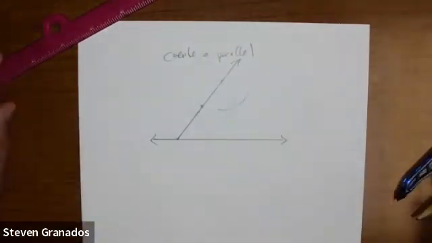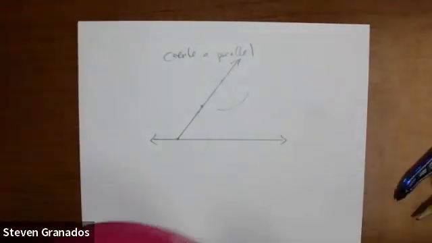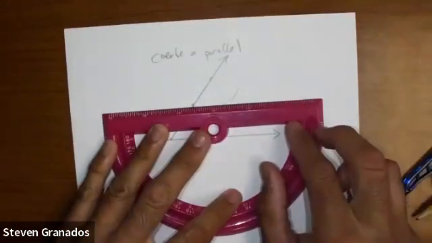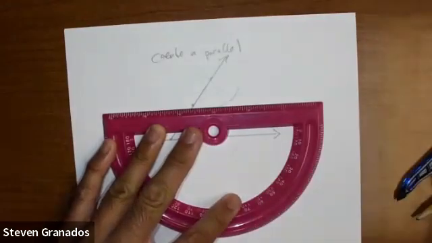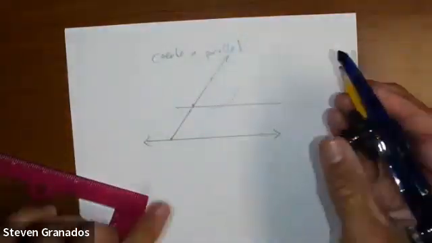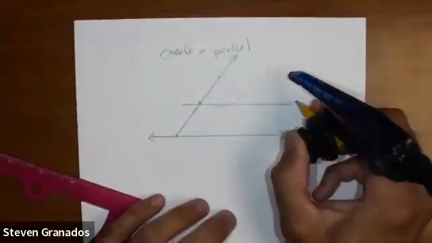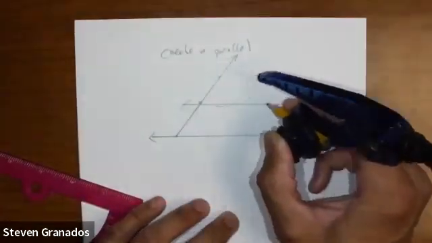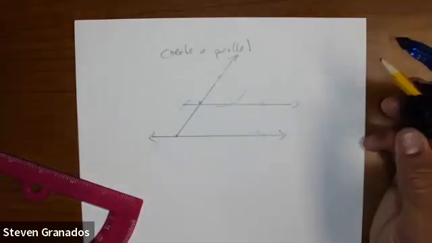So then all we're going to do is connect our initial point with our intersection, and there we have it. We have our parallel lines. So that's how we do it.